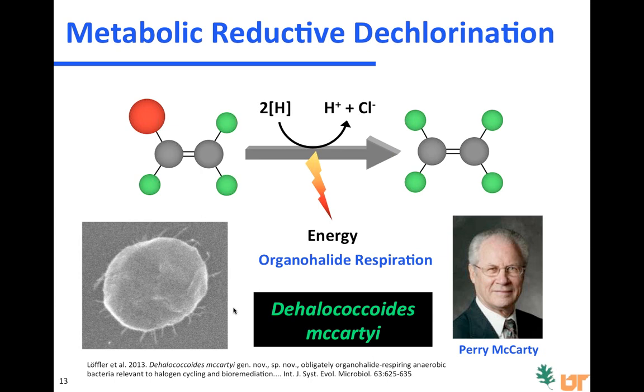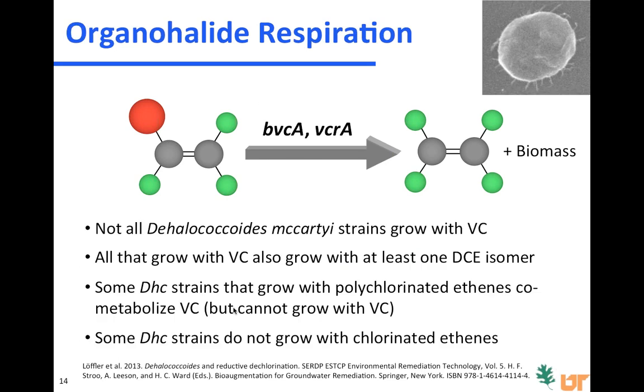So all of the strains that can catalyze this process belong to the species Dehalococcoides mccartyi. So we know a little bit more about this process. We know specific genes that encode reductive dehalogenases that catalyze this process, bvcA and vcrA.